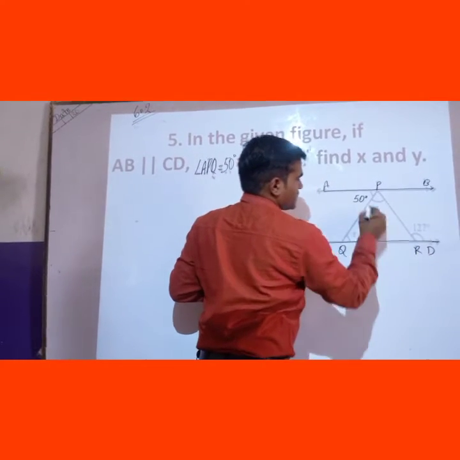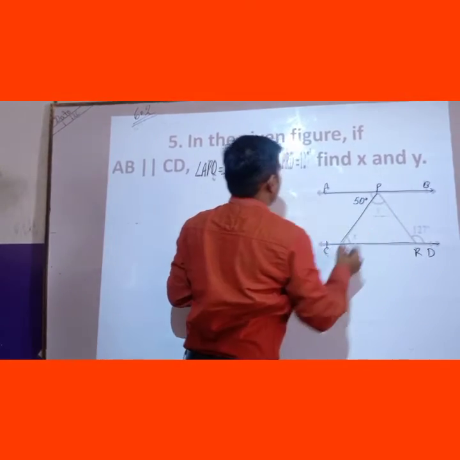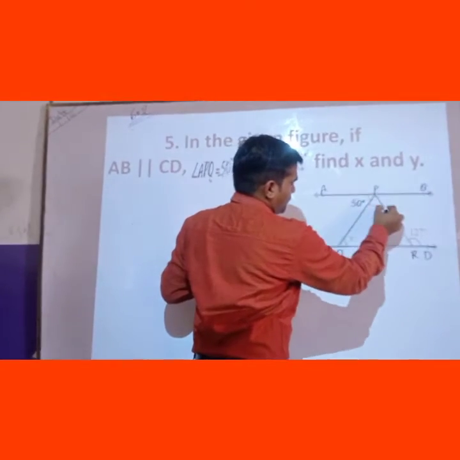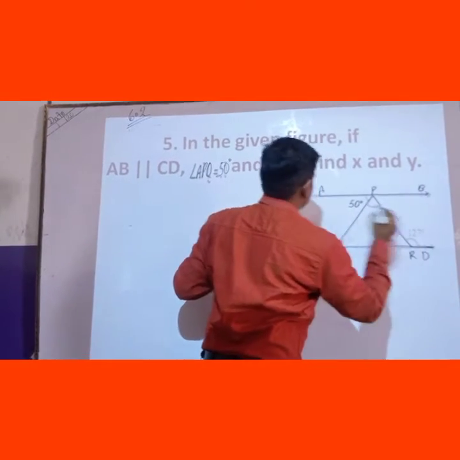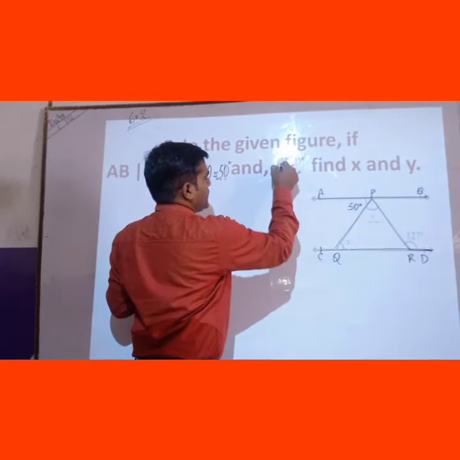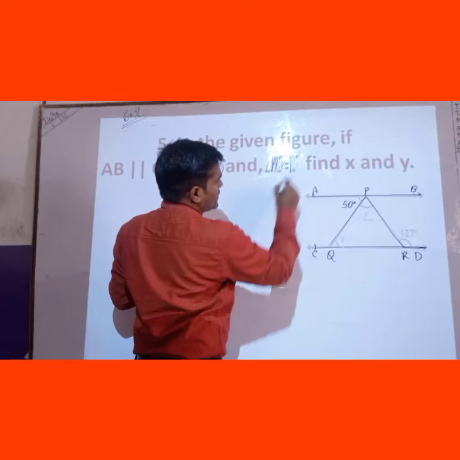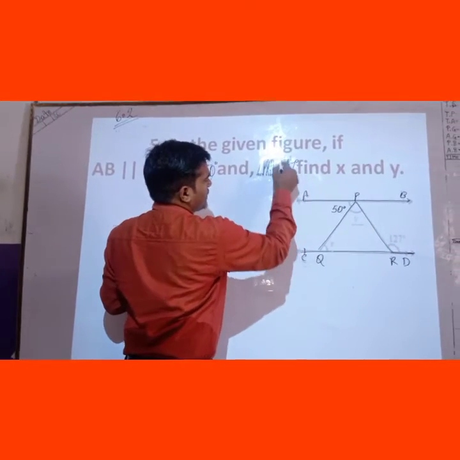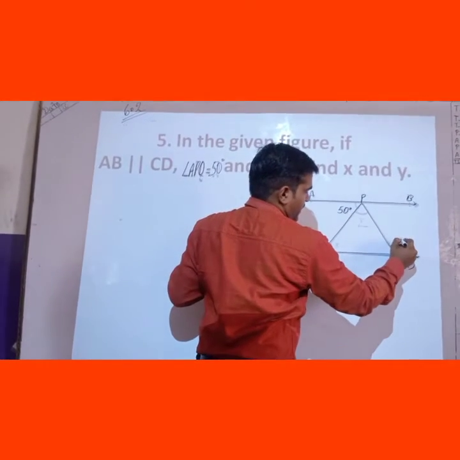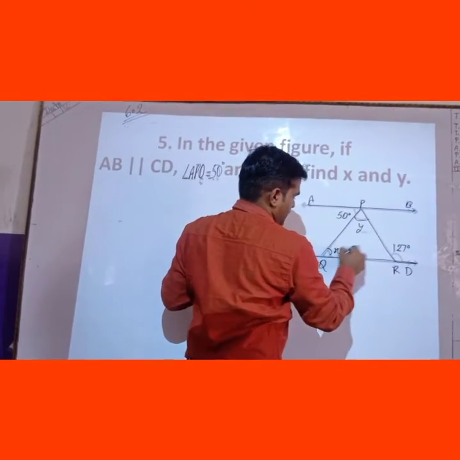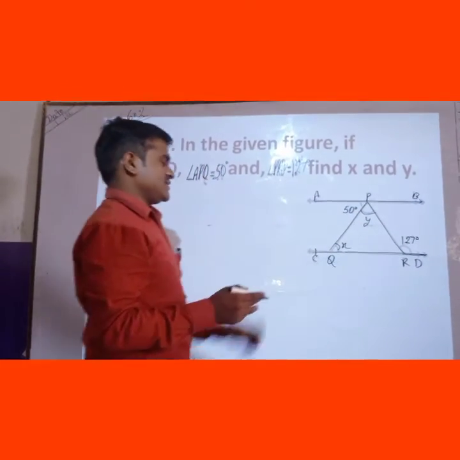This figure is given, and angle PRD is equal to 127 degree. So find the value of x and y. Here x is given and here y is given.